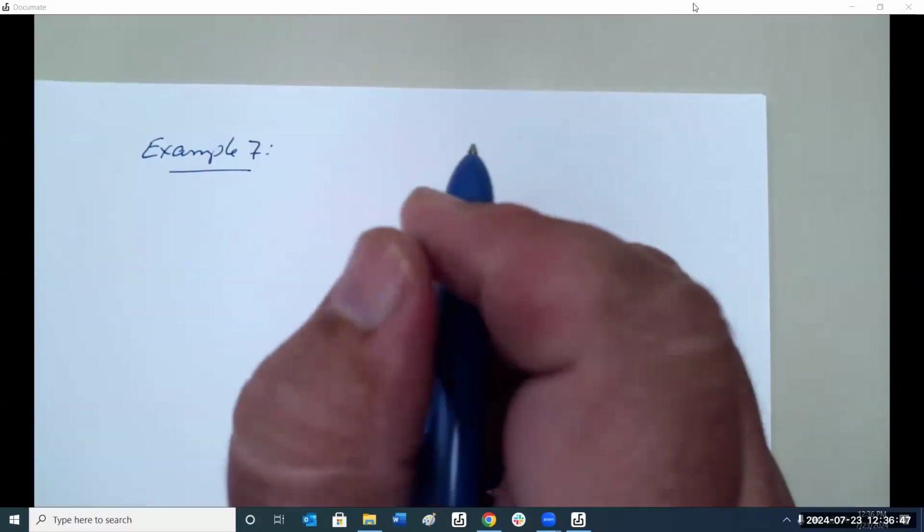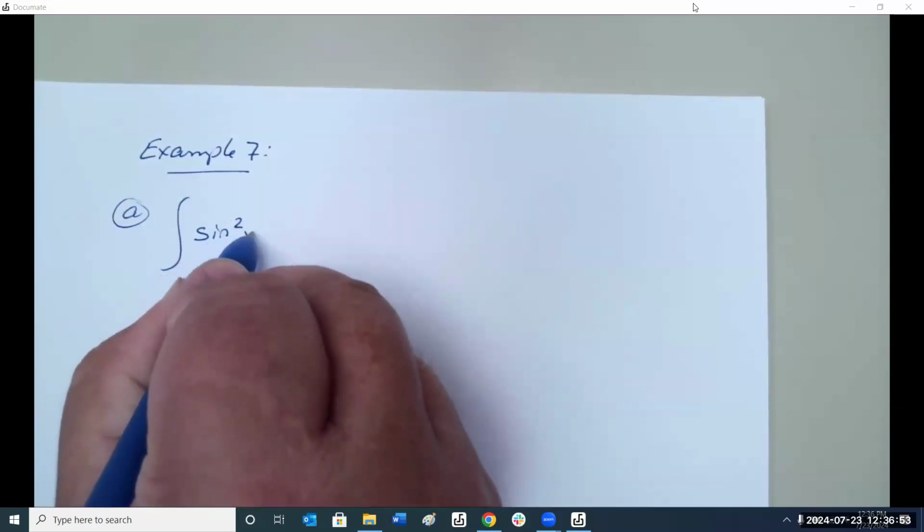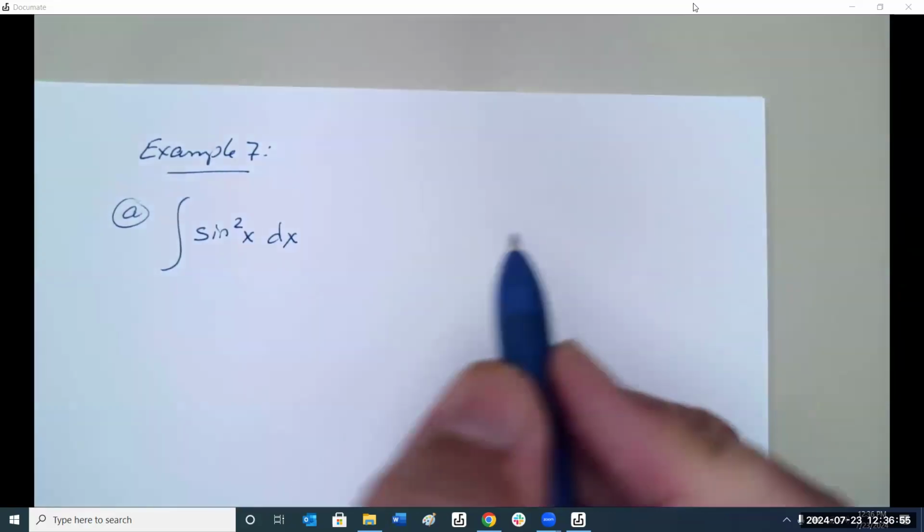Okay, let's look at number 7. A, integral of sine squared x dx.